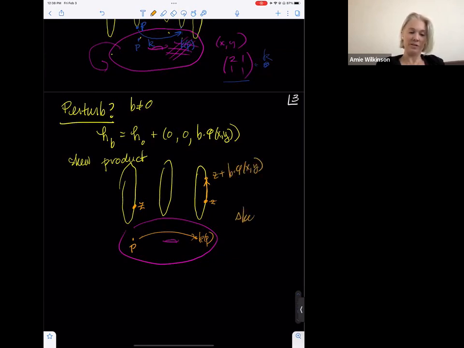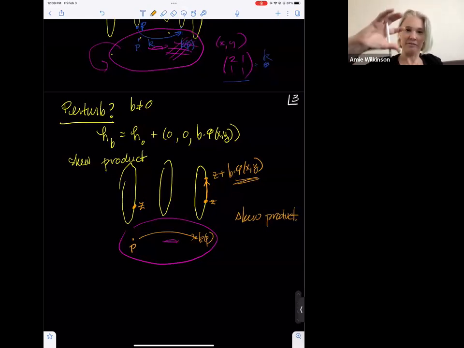So this is called a skew product. And this is an interesting thing. It still has these circles that are invariant, but what I've effectively done is mix the dynamics of the base and the fiber. I've pushed some of the base into the fiber, so it affects the fiber.